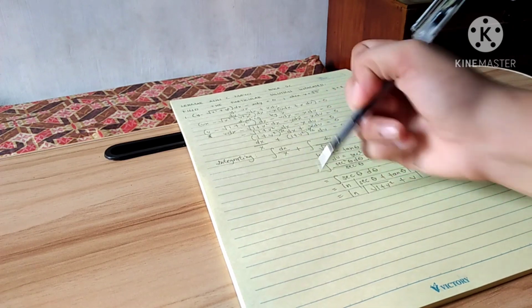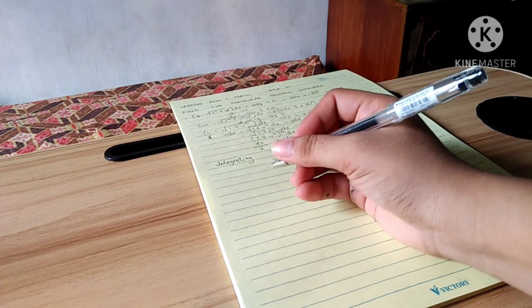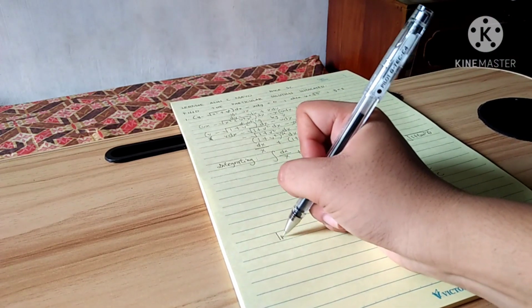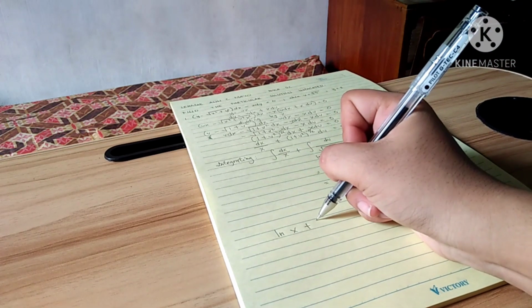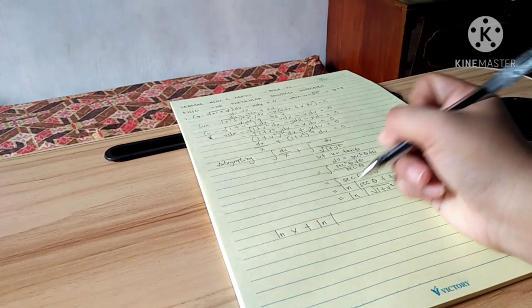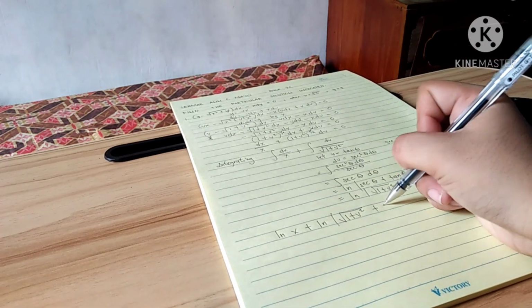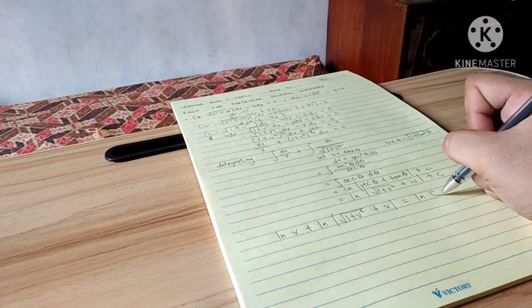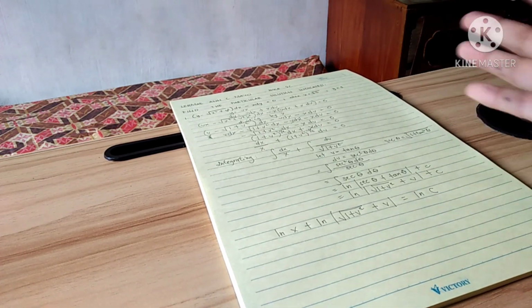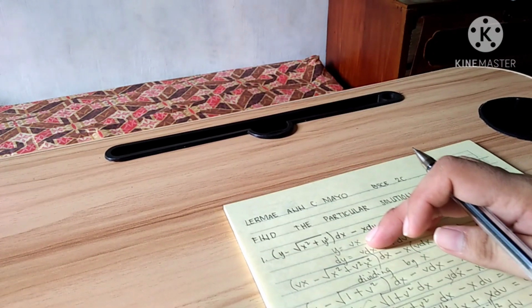Therefore, we have integrated what was left earlier. So integrating that, we have ln x plus ln of the square root of 1 plus v squared plus v equals ln c.